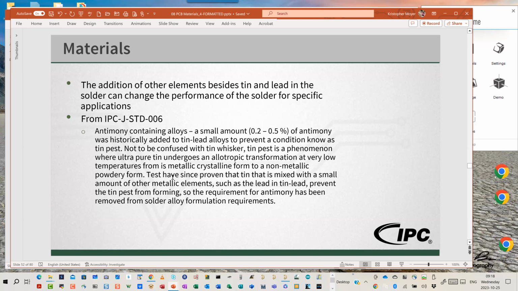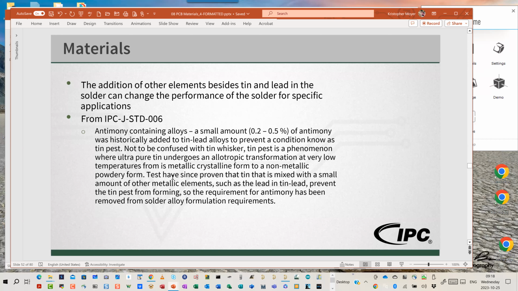This was originally thought to be a degradation of the performance of the tin and was a concern, so they started adding antimony. However, it turns out that any other metallic element alloyed with tin also mitigates this tin pest problem, like the lead that's already in tin lead, and therefore it was not necessary.